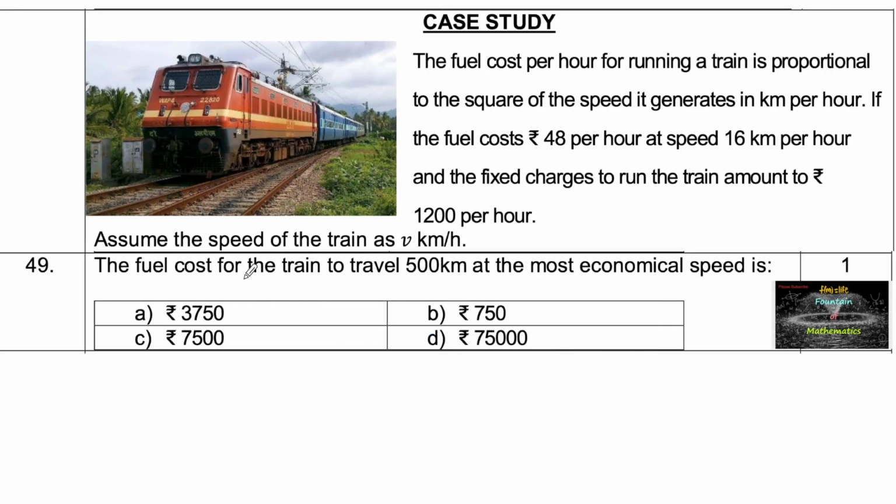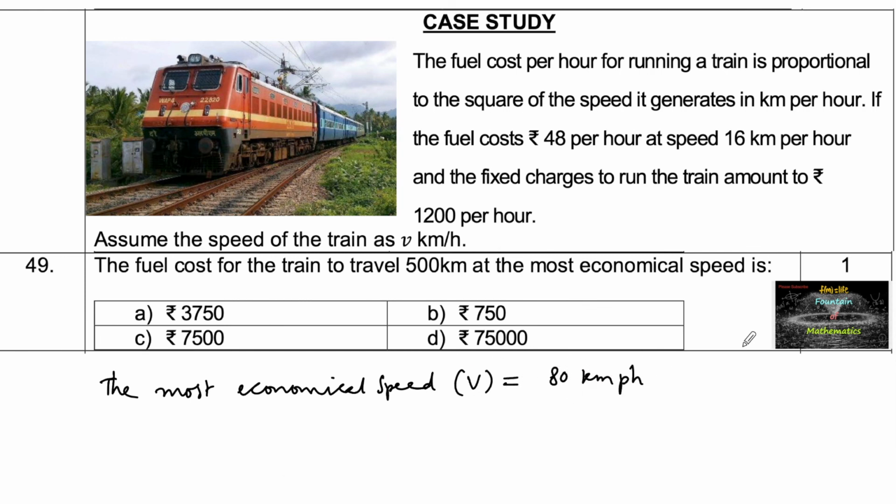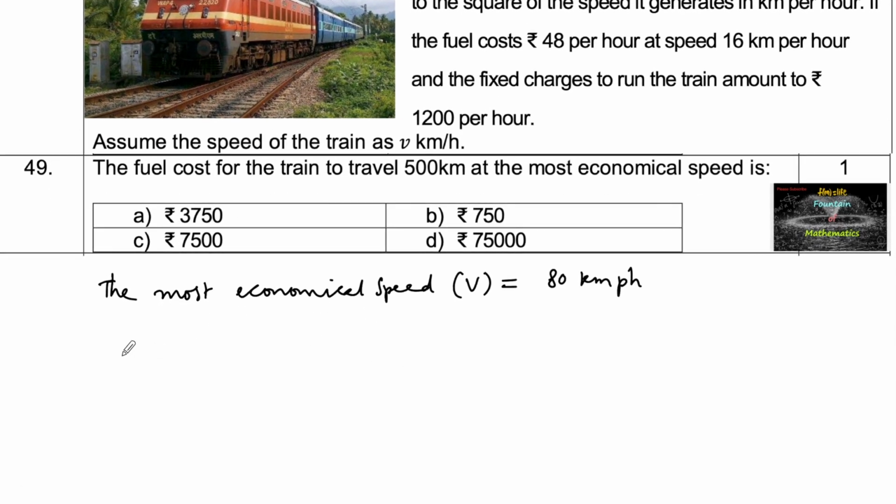Now the fuel cost for the train to travel 500 kilometers at the most economical speed. In the previous problem we have seen the most economical speed v is equal to 80 kilometers per hour, and now the fuel cost to travel 500 kilometers.